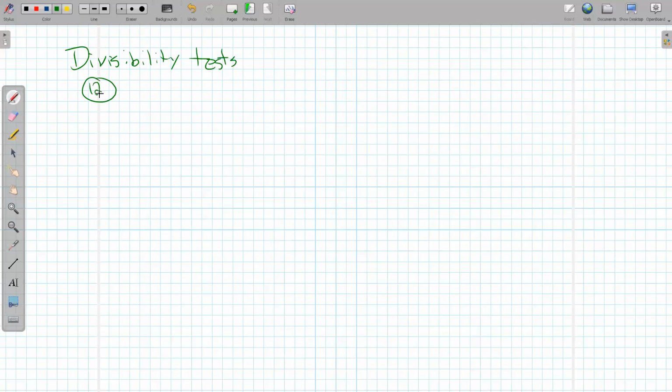Does anybody know of a test for 12? And you could look back at our other tests for a clue as to what a test for 12 could be.